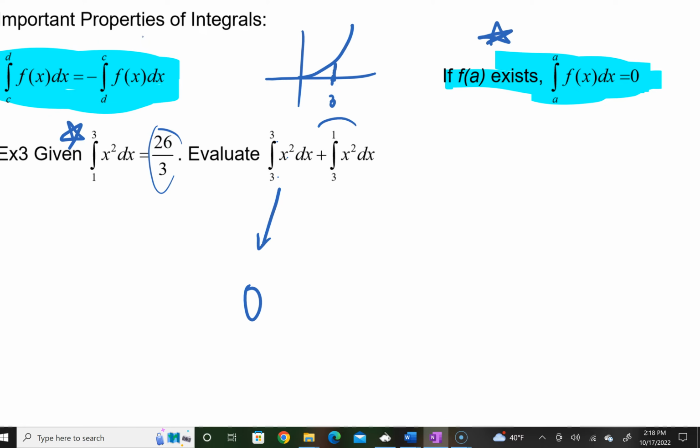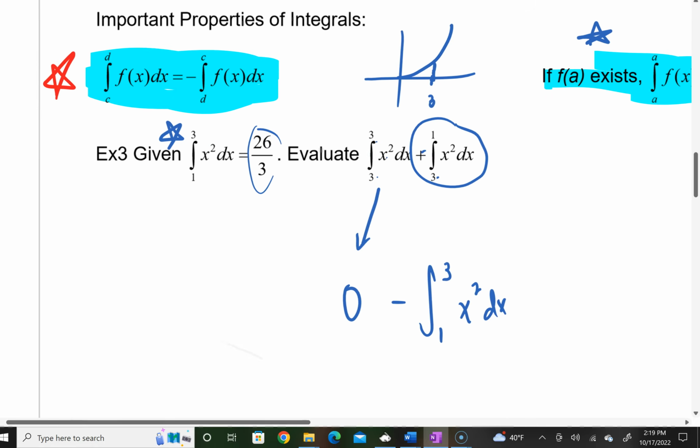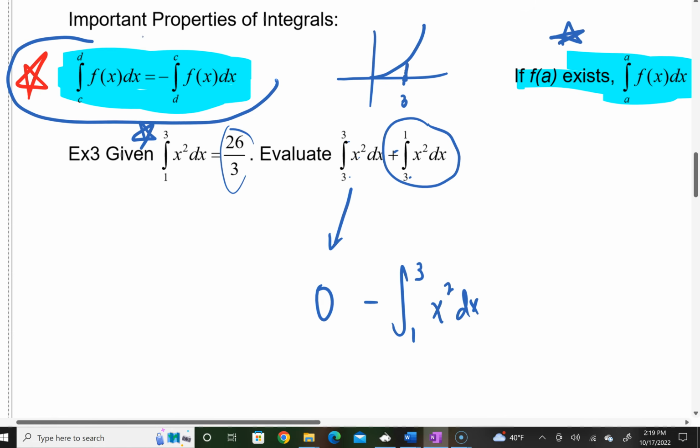And then you look right here, you'd say, oh man, this looks so funny. Look, the 3 is down below. Tell you what, you could flip the bounds. You can always change the bounds, but when you do it, pull a negative out in front. That's what this red starred principle is all about.